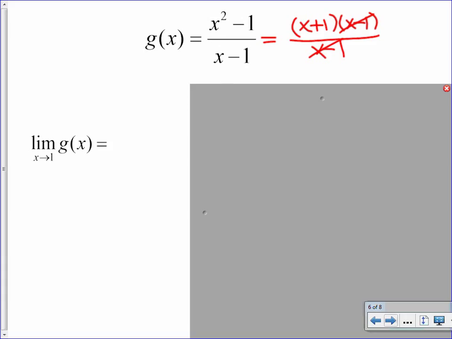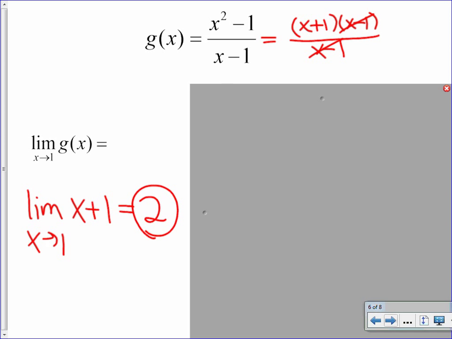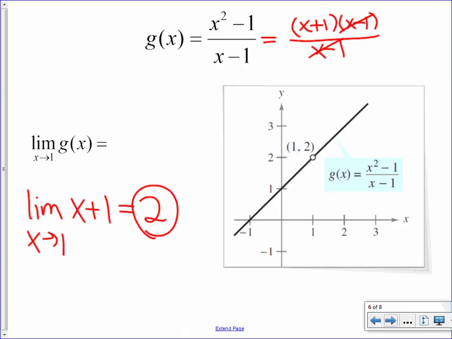What's our limit? 2. Do we need to do left and right hand limits here? We wouldn't need to break it apart. What's happening graphically? We have a hole there. We have the line x plus 1 with a hole at 1, 2.